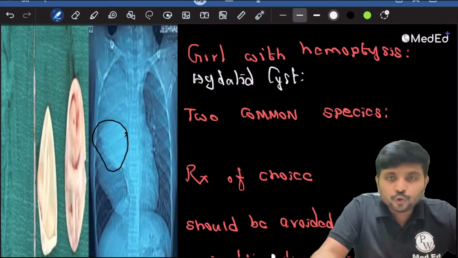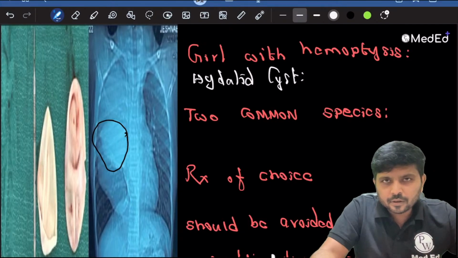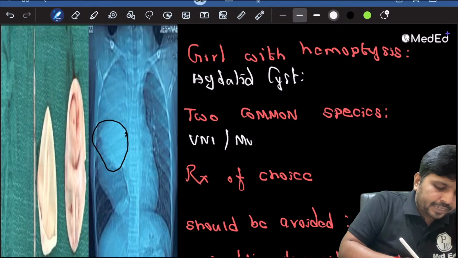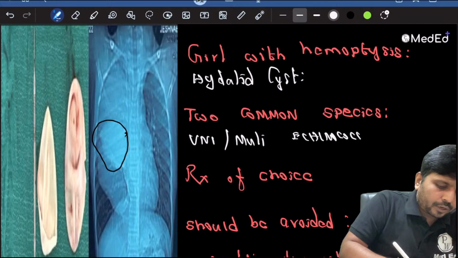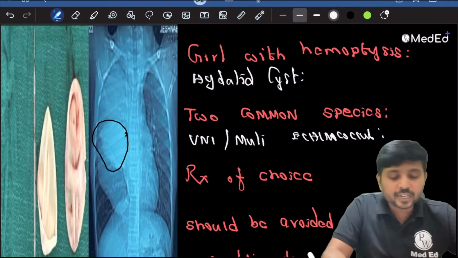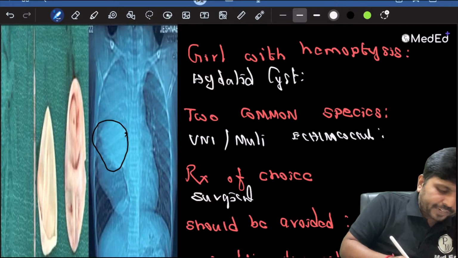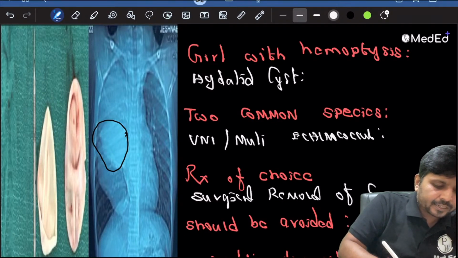What are all the 2 common species? One is unilocularis and another is multilocularis. Echinococcus. So this is lung hydatid cyst. Investigation of choice is surgical removal of the entire cyst.